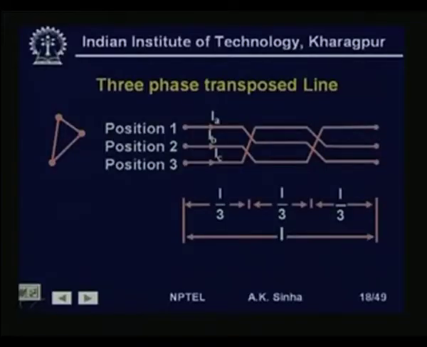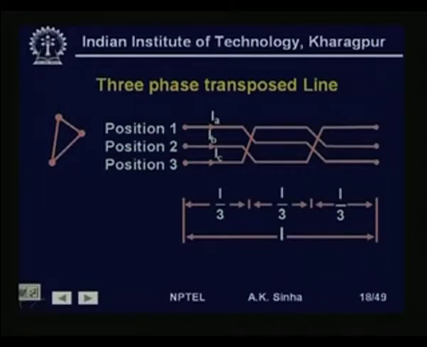In order to avoid this kind of a situation, what we do is we transpose the transmission line. That is, we make all the 3 phase conductors go through all the 3 positions as shown in this figure.